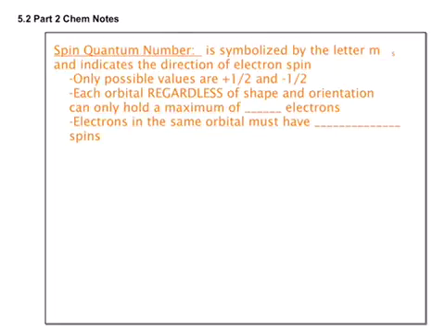And each orbital, regardless of shape or orientation, can only hold a maximum of 2 electrons. And the electrons in the same orbital must have opposite spins. So this is the big one here to remember, that if you know one electron in that orbital has a +1/2, then you know the second one has to be a -1/2.